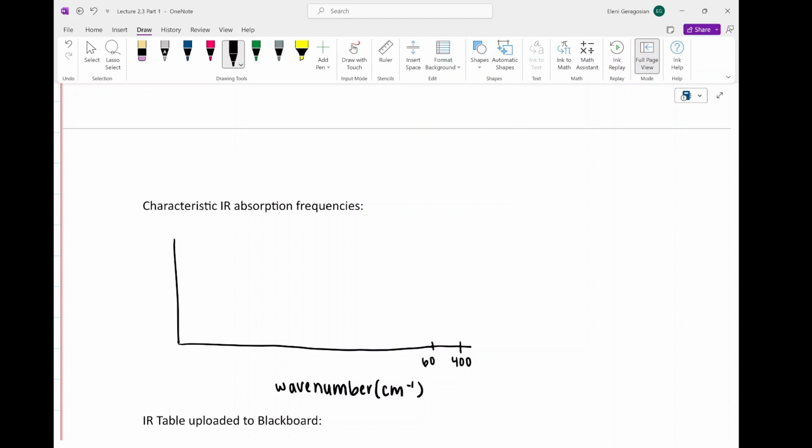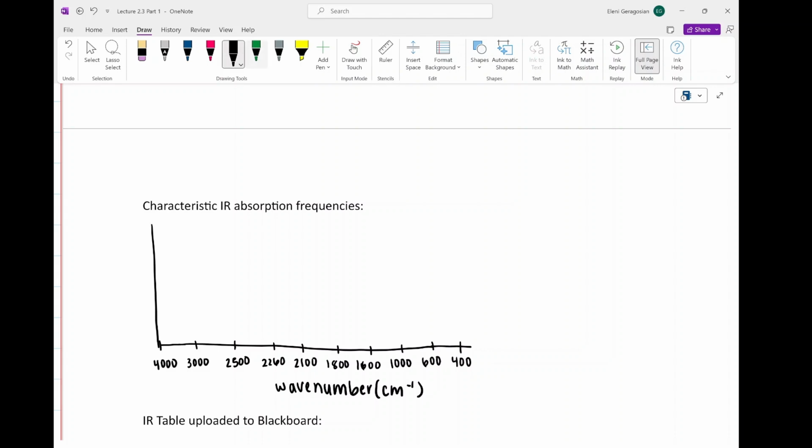Then let's go to 600, 1,000, 1,600. This is not drawn to scale, but we'll note those intervals here because they're helpful for certain bonds.